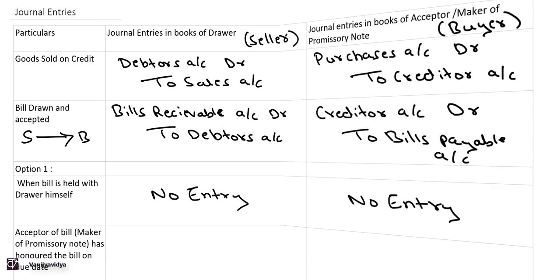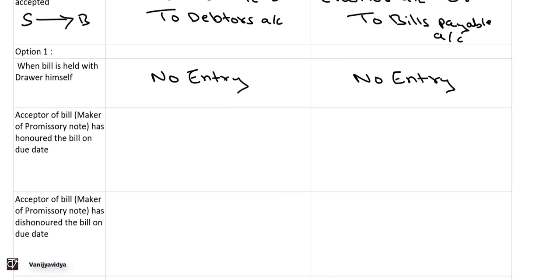Next, acceptor of the bill, maker of the promissory note, has honored the bill on the due date. Now bill is held by the drawer himself and the acceptor of the bill has honored the bill on the due date. So in the books of the drawer he will be receiving the payment.